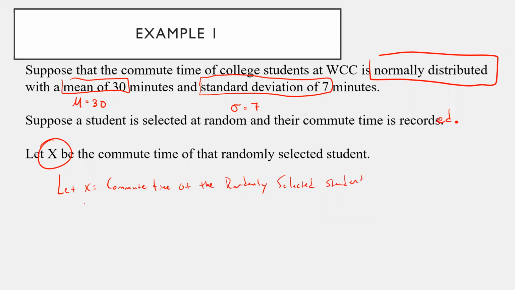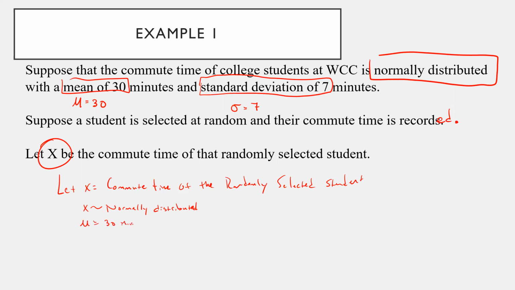And this is all we're saying. We're saying the random variable x follows, so when you see the squiggly line, it means follows or approximately normally distributed, with the mean of 30 minutes.